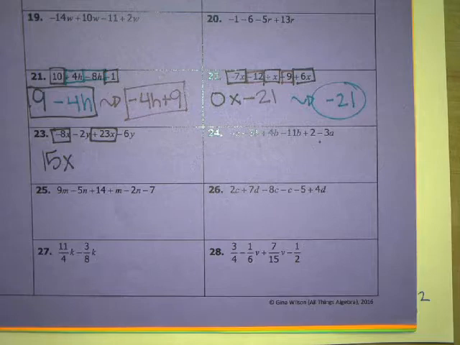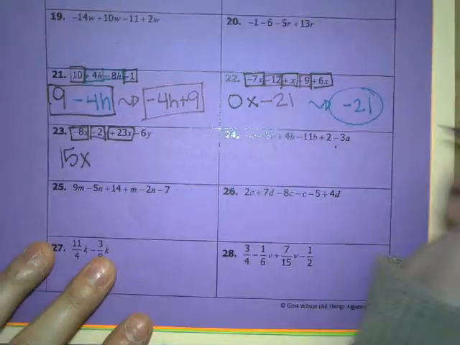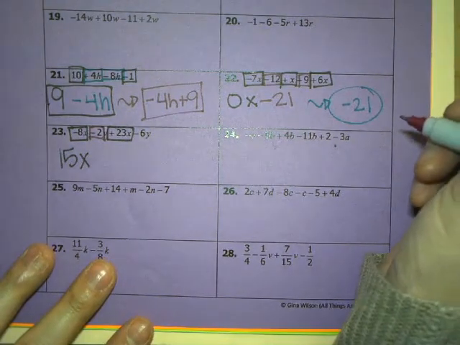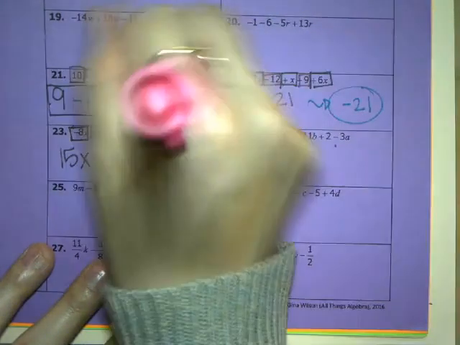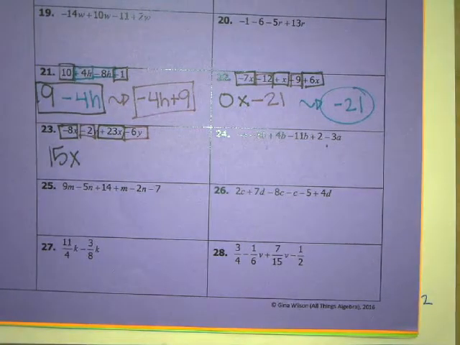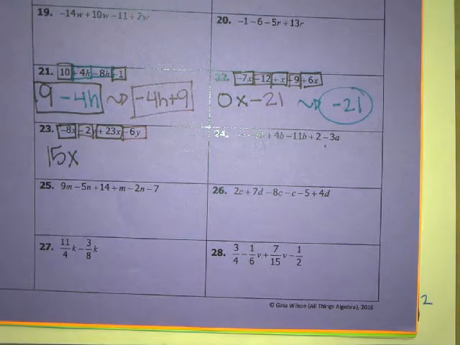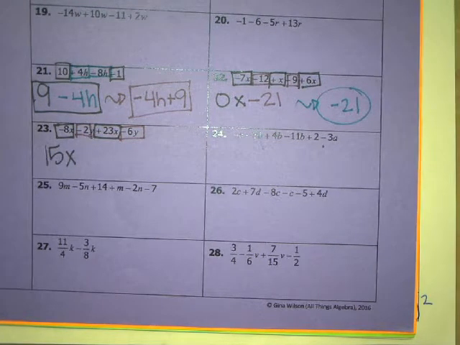What's the next term I should box in? Negative 2y. What gets boxed in with negative 2y? Negative 6y. So I have negative 2 and negative 6. Guys, are my signs the same or different? They're the same.